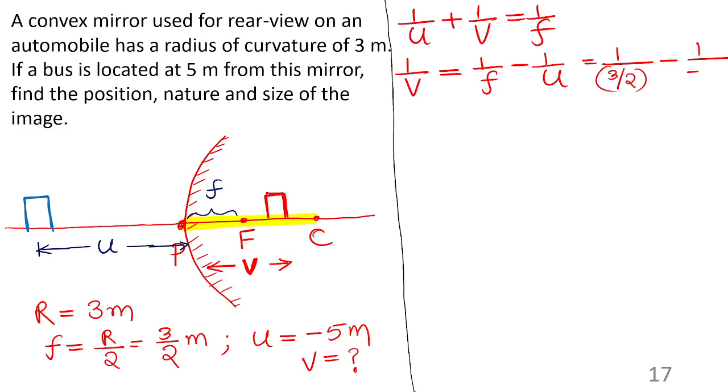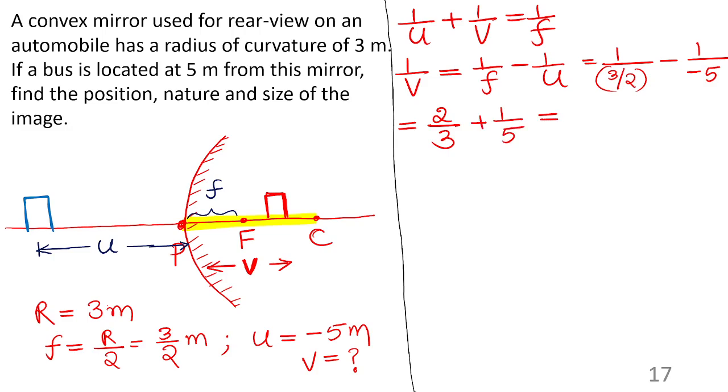If you don't understand, you can ask me, but let me complete the solution. 1 by 3 by 2 becomes 2 by 3, by taking the reciprocal. Here minus of minus becomes plus 1 by 5.